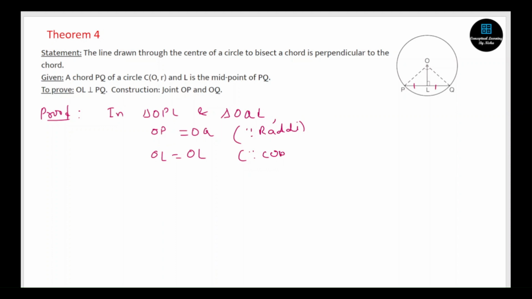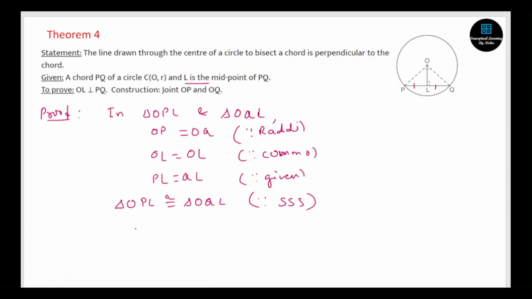Correct. And anything else given? L is the midpoint, means PL is equal to QL. So given, right? Which criteria? Yes, SSS. So which two triangles are congruent now? Triangle OPL is congruent to triangle OQL.